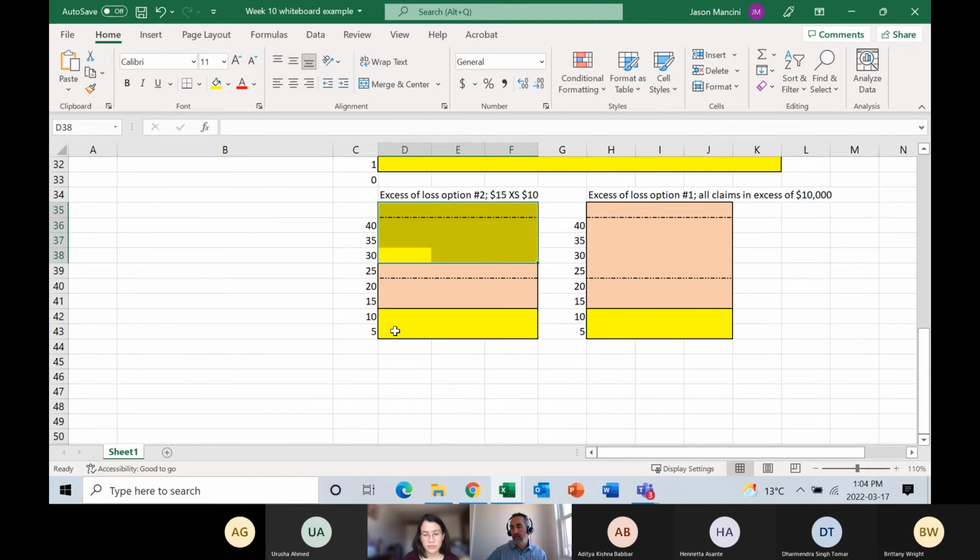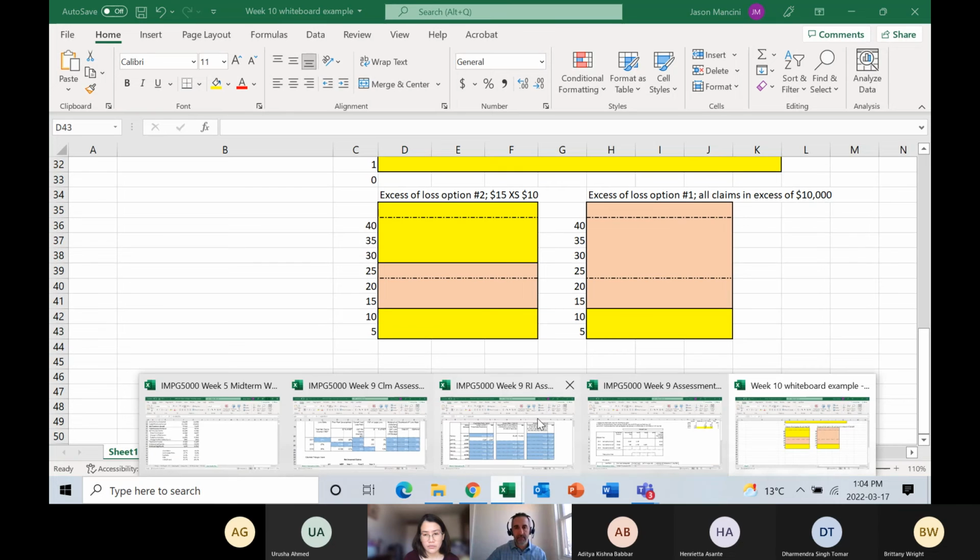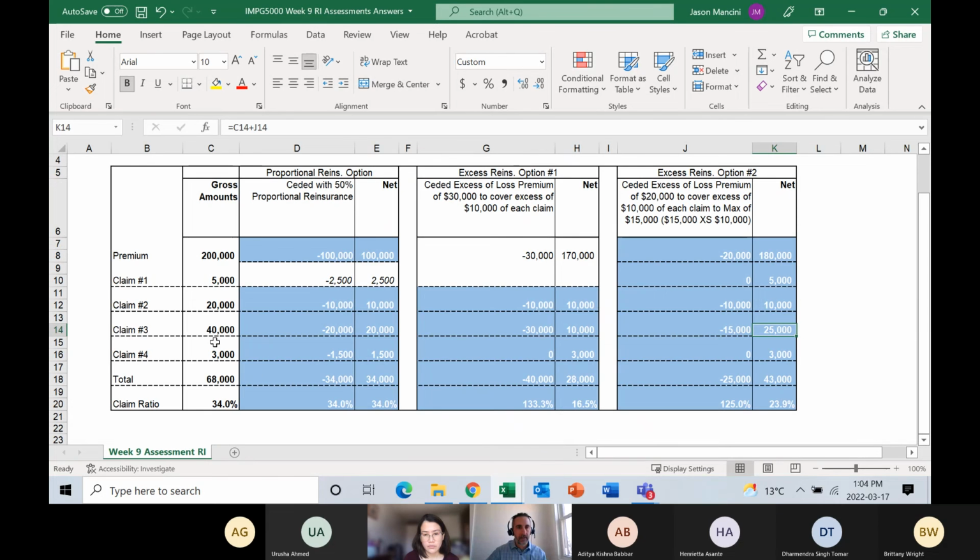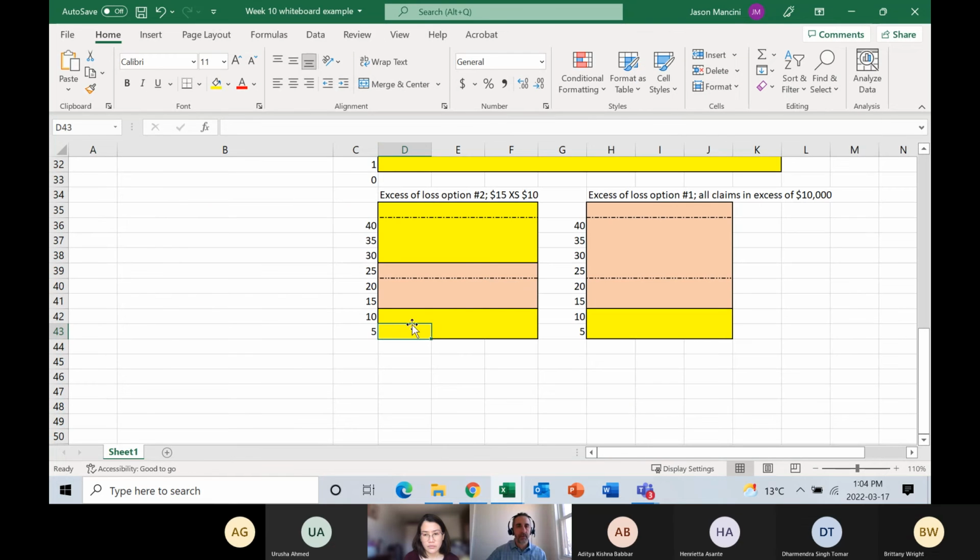So in our question that we're doing right now, the example is 40,000. So if we go up to 40 on this excess of loss example, the company keeps the first 10, then we could cede away the 15, and then anything in excess of the 15, there's no reinsurance.